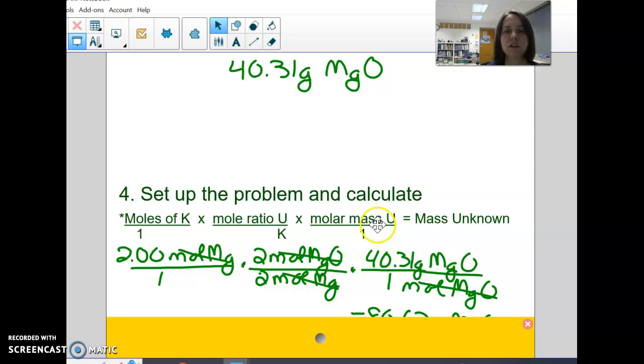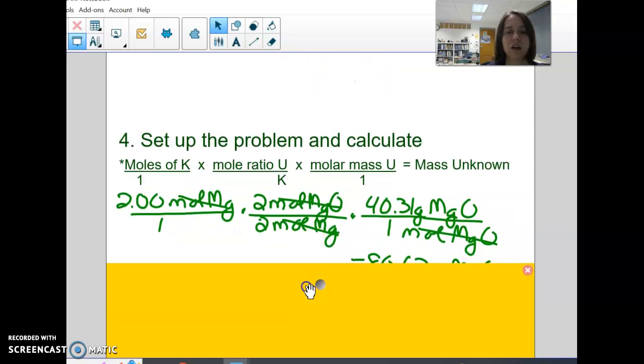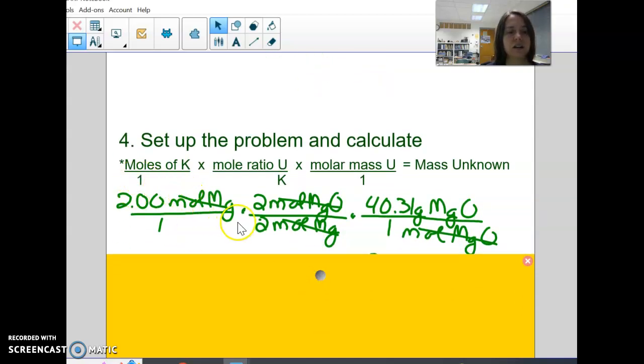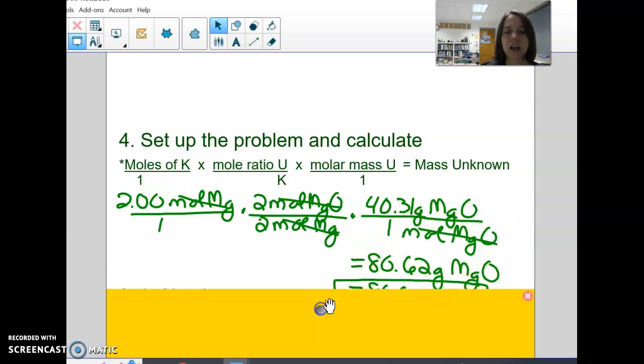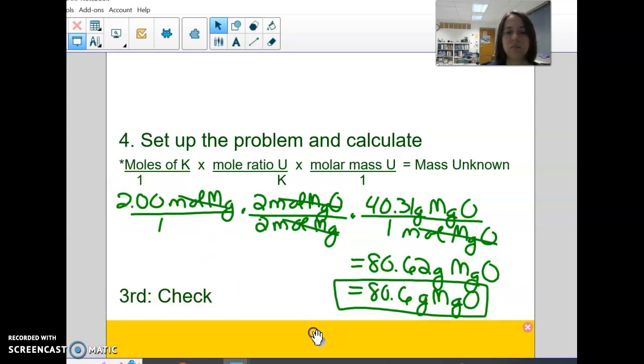And our molar mass of our unknown, which is magnesium oxide, is 40.31 grams over 1 mole. Then we're going to slash out the units that we don't need, and we're left with grams magnesium oxide, which is 80.62 grams magnesium oxide. And when we look at sig figs, we get 3, so that's 80.6 grams magnesium oxide.